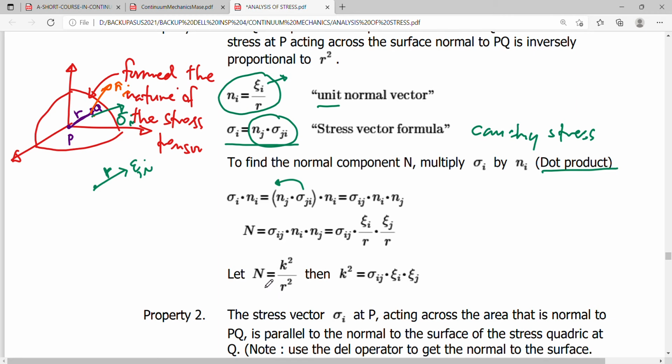And if I let the normal stress be equivalent to a certain constant k squared over r squared, then I say that k squared is simply sigma ij xi xj. So this is the basis for your formulation of what you call your stress quadric, which is represented by the quadric surface.